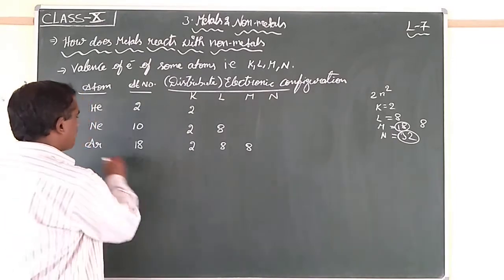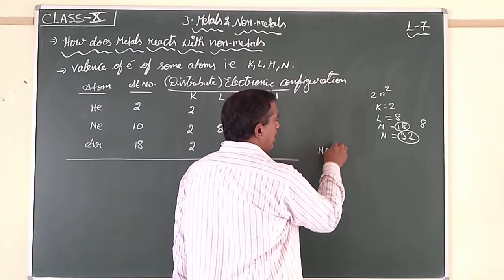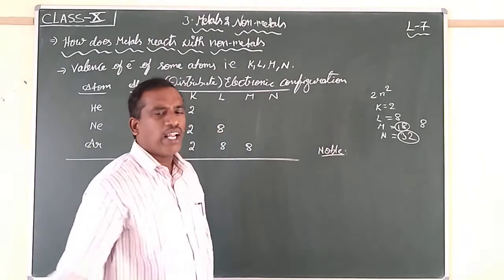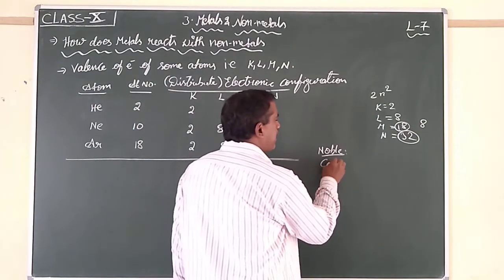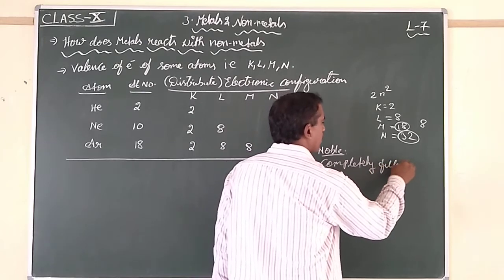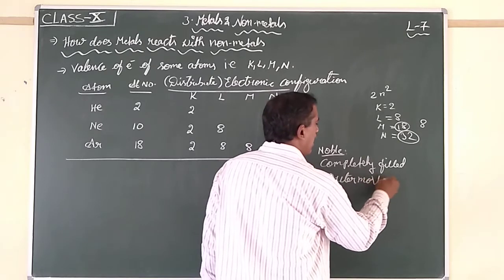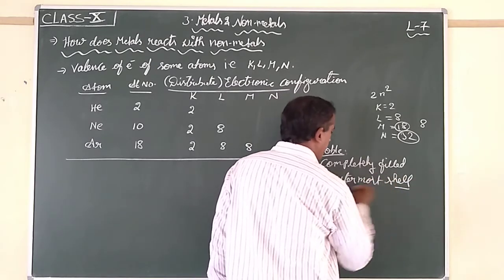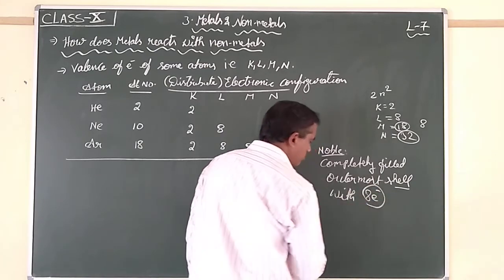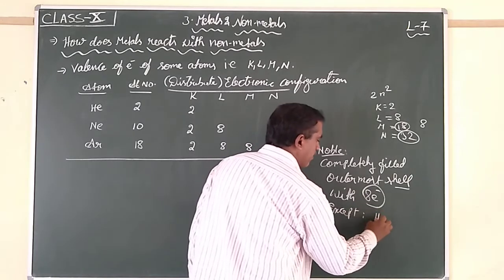The main key point is, whenever any atom needs to be called a noble, it must have a completely filled outermost shell with 8 electrons, except for helium.